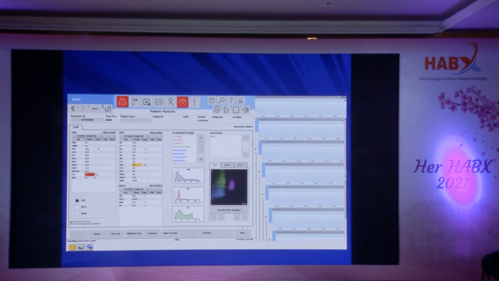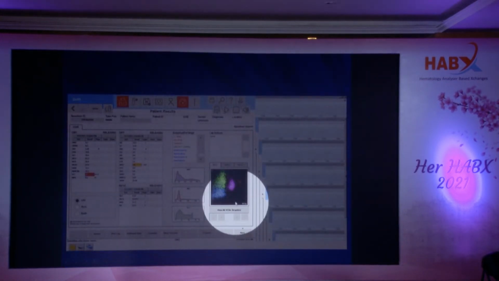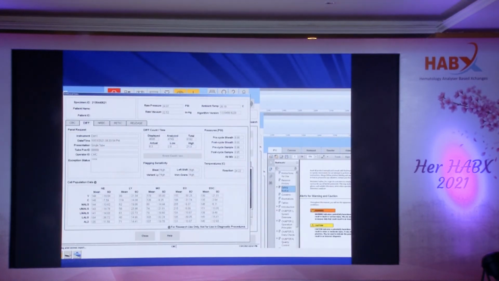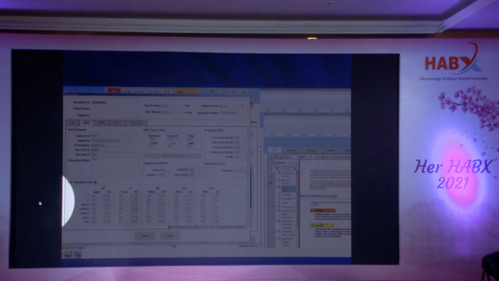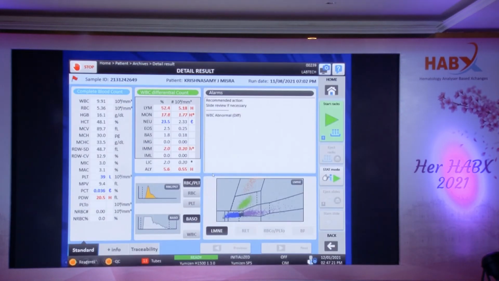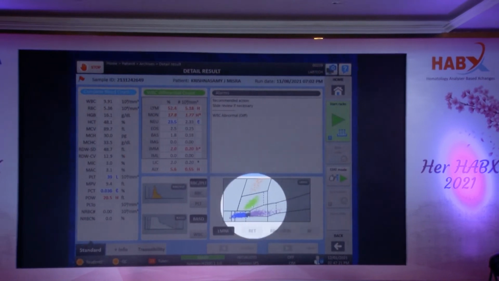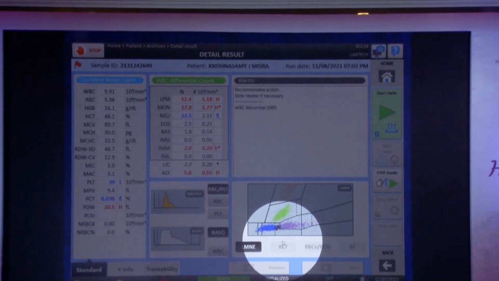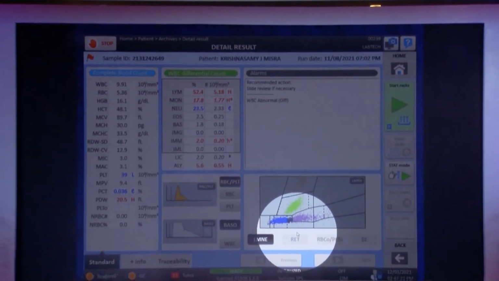But the neutrophil population looks normal. It's less than 150. Let's look at HORIBA. The neutrophil looks normal, but the lymphocyte monocyte merger is possible.